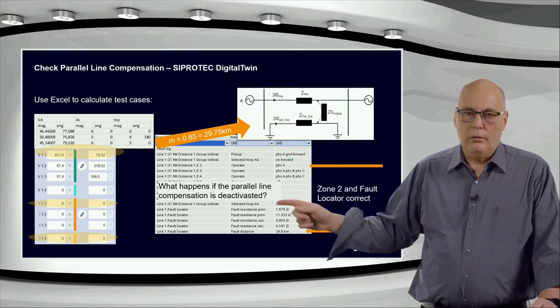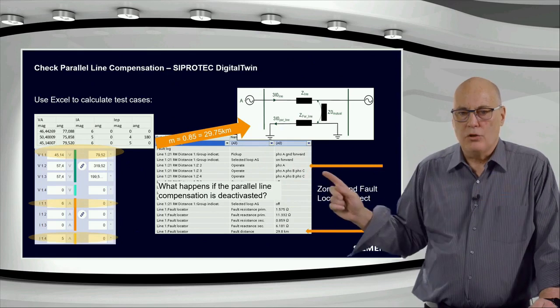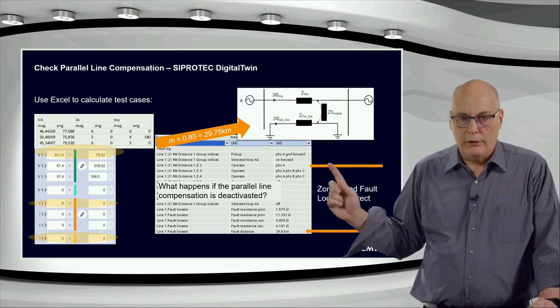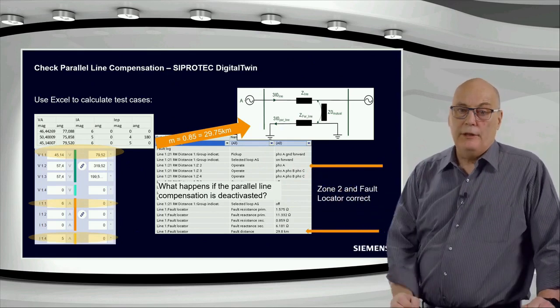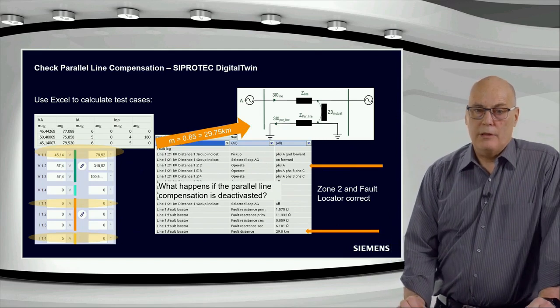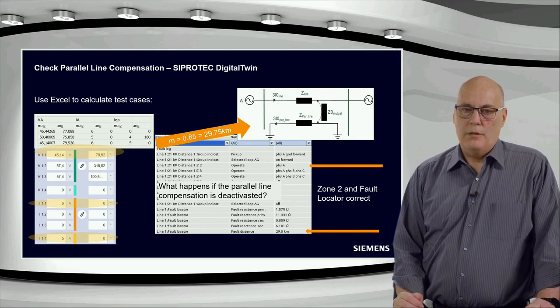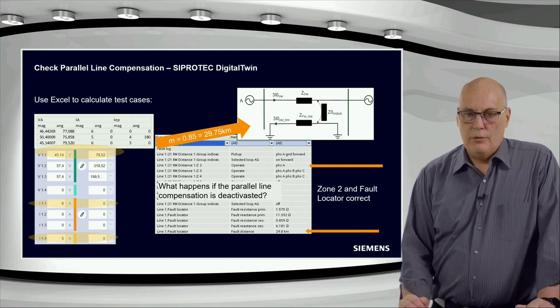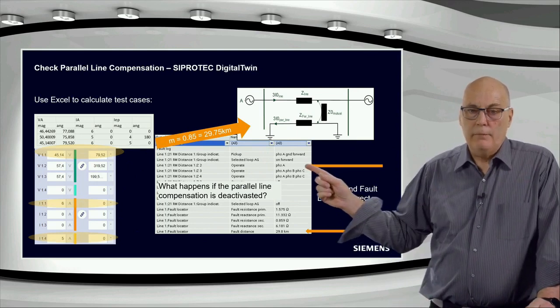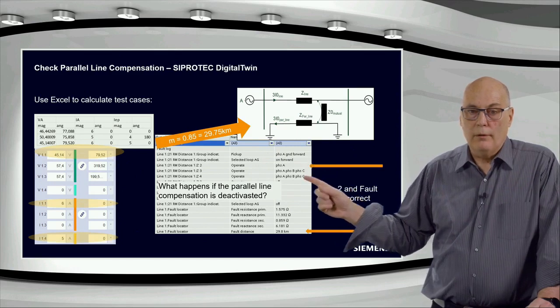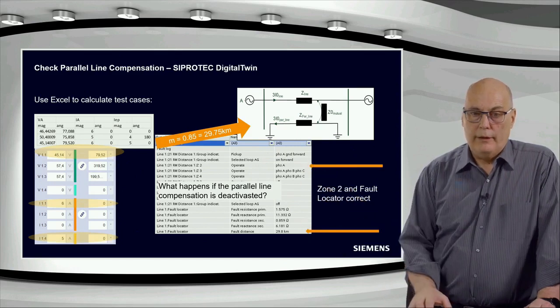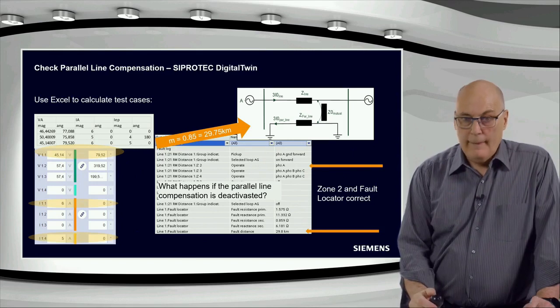This is the fault log for that test case, just to show there's a correct zone 2 operation, not zone 1. So distance protection did not overreach. The fault was seen correctly at 85%, and did not come into the 80% zone 1 setting. So that proves that the distance protection is also working correctly here. Only a zone 2 operate, no zone 1. And the fault locator there is also working correctly.